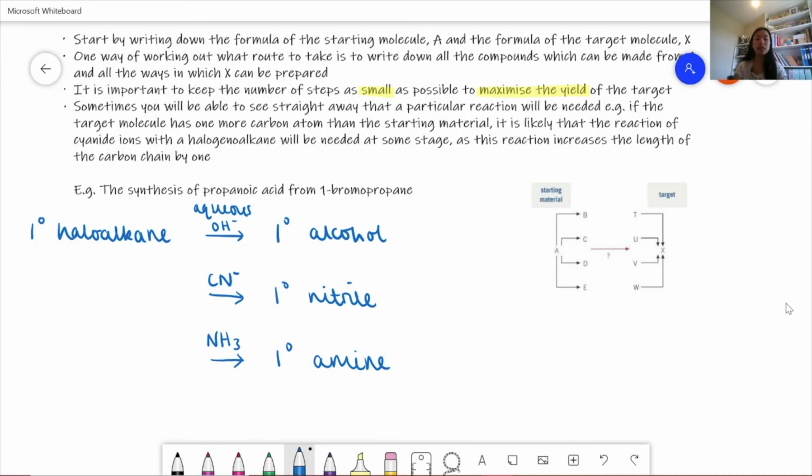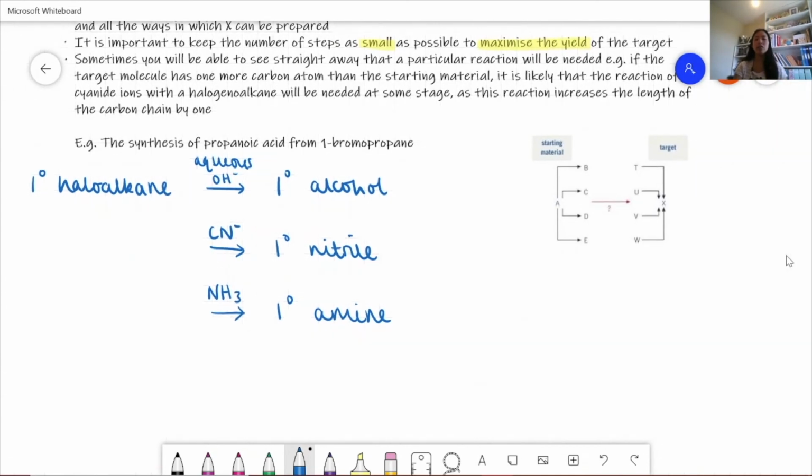And then the final thing that we can do with haloalkanes is we can go through an elimination reaction where we have the OH minus this time heated and dissolved in ethanol. So we have alcoholic OH minus, and this would be to form an alkene, because we're basically adding a double bond and getting rid of the bromine. So these are the two reactions that can happen with haloalkanes.